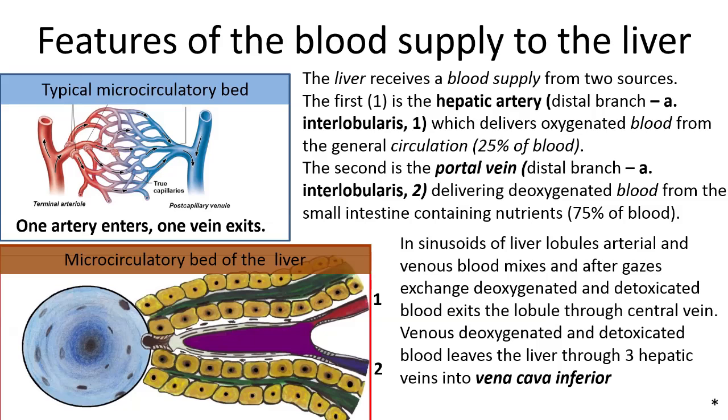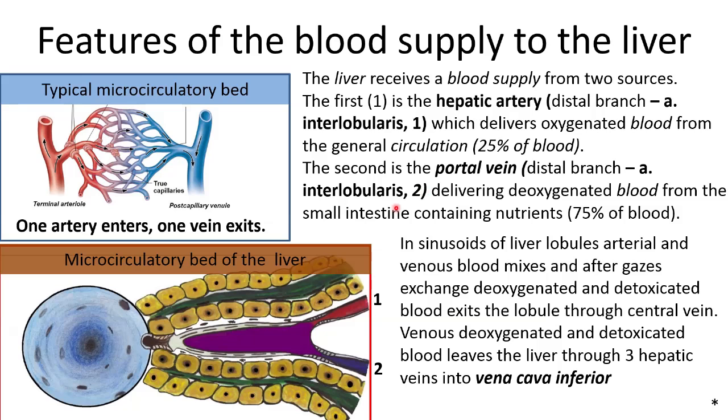One of them is arterial, from the hepatic artery, and another source is venous, from the portal vein. So the first feature is blood supply from 2 different sources, hepatic artery and portal vein.